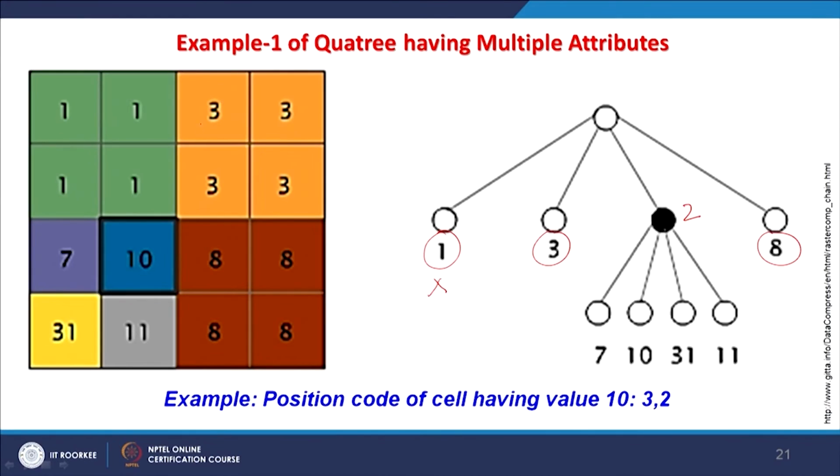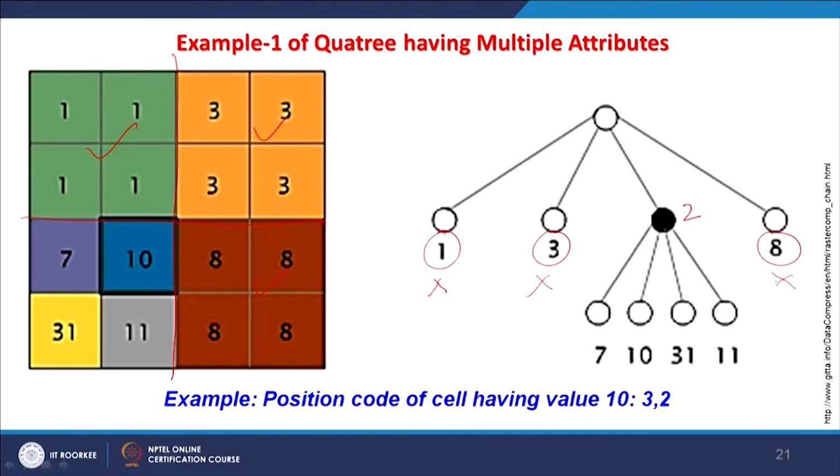In case of 3, homogeneity has been achieved, no further division. So initially this image was divided into 4 quadrants, and a check is made whether homogeneity has been achieved or not. If yes, like in case of 1, no further division. In case of 3, yes, and in case of 8 also homogeneity has been achieved, no further divisions are required.